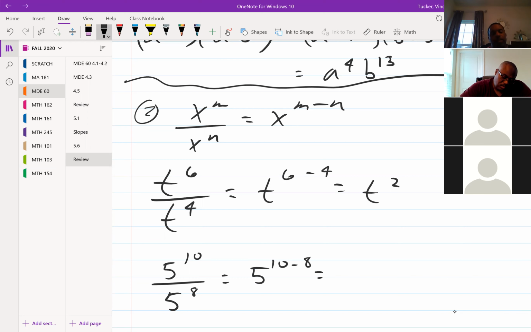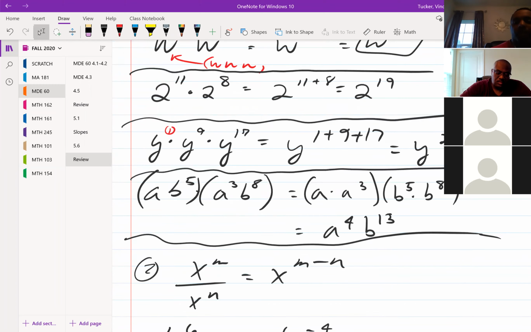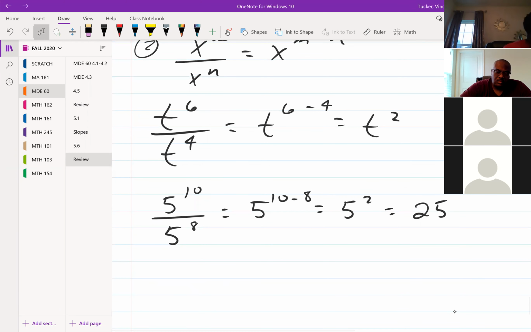This is 5 to the 10 minus 8, which is 5 squared, and something like 5 squared, they would expect you to go ahead and multiply out, which is 5 times 5, and that's 25. So remember, before we had 2 to the 19th power. That's not anything they would expect you to do. But 5 squared, they would expect you to go ahead and knock out.